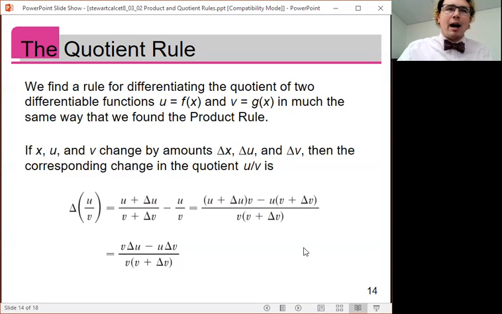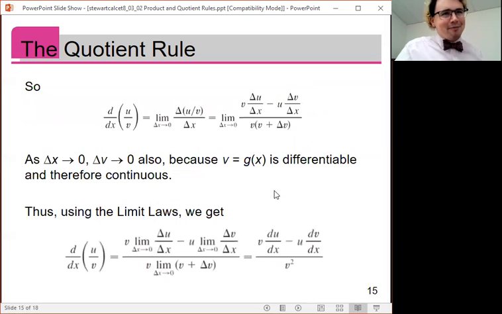And what do I have? I'll have a v times delta u on the numerator. I'm subtracting a u times delta v. The denominator is v times quantity v plus delta v. What happened to the rest of those terms up top? When I FOILed it out, they canceled. I have a positive u times a positive v and a negative u times a positive v. Bye-bye, they're gone.